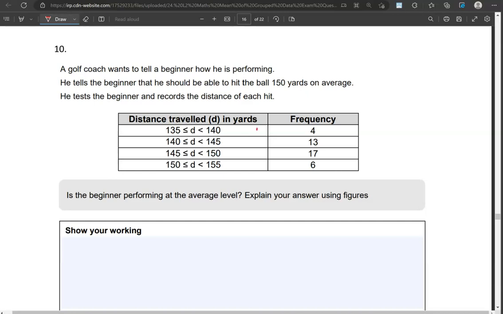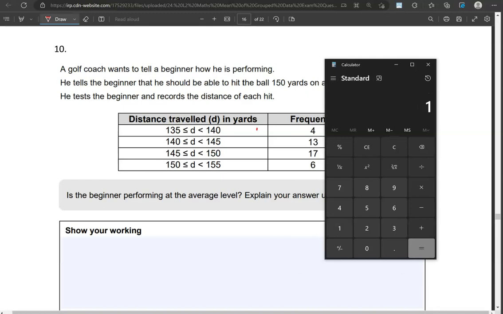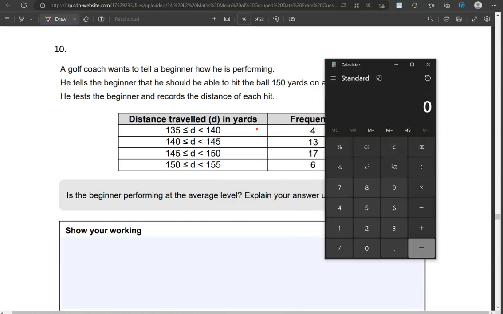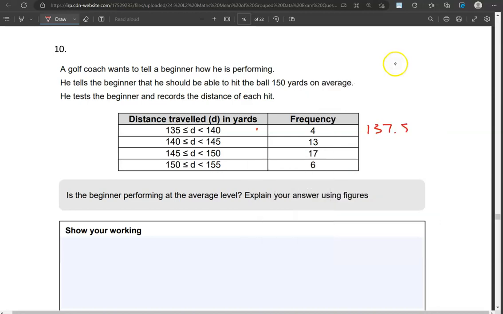The midpoint between 135 and 140 we'll work out by adding the two numbers and dividing by 2, so it gives us 137.5. The midpoint between 140 and 145 is 142.5.